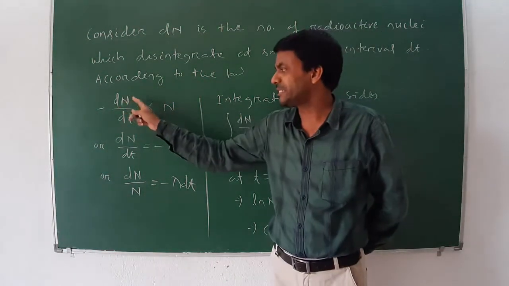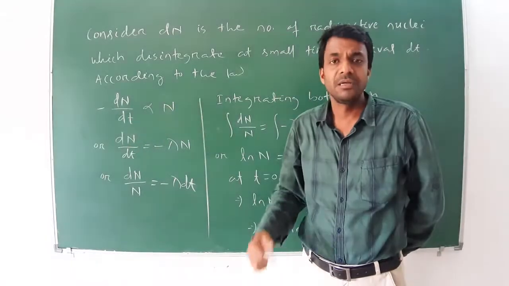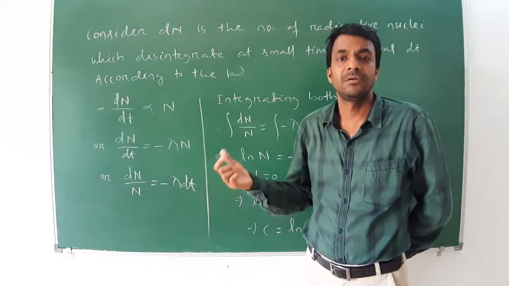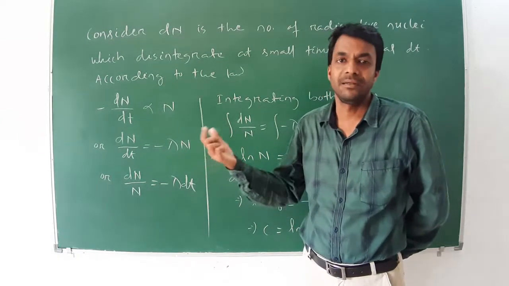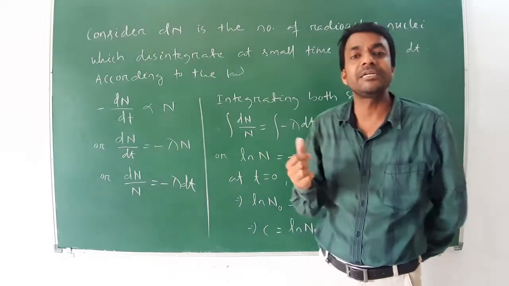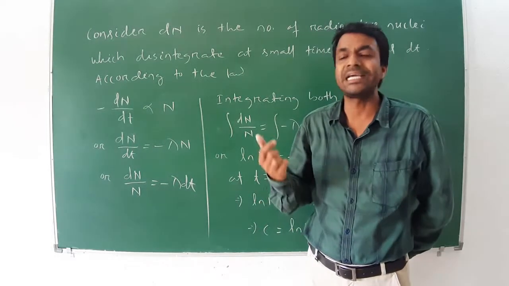Therefore, minus dN by dt is directly proportional to N, or minus dN by dt equals lambda N. What is the value of lambda? Lambda is the proportionality constant known as the decay constant.